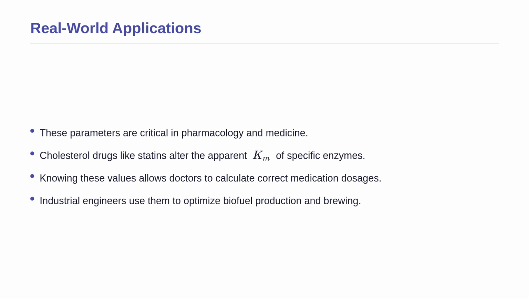Without knowing these exact values, doctors would have no way to calculate the correct dosage of medications. Furthermore, industrial engineers use these parameters to optimize conditions for producing biofuels or brewing beer, ensuring enzymes work at their most efficient rates to save time and money.